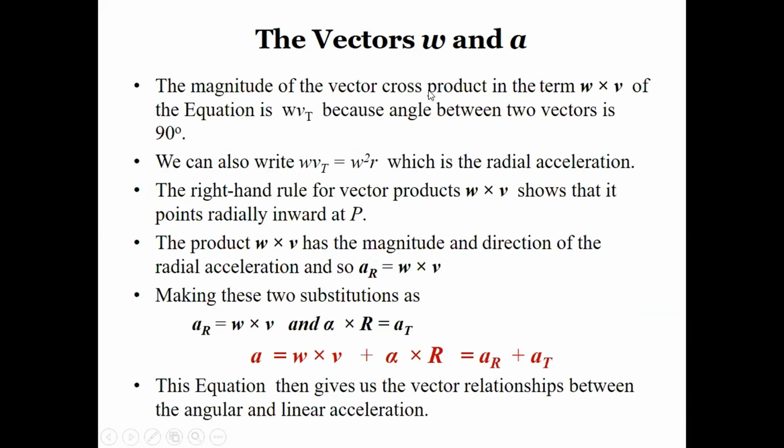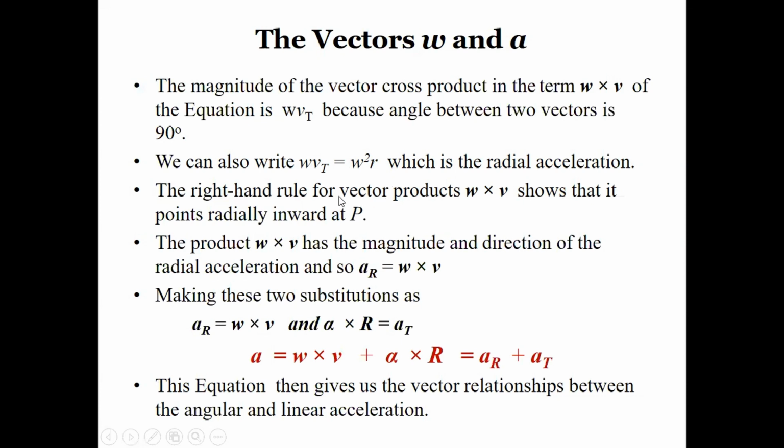The magnitude of the vector cross product in the other term, omega cross v, we can see is omega into v because the angle between these two vectors is 90 degrees. So we can also write omega into the tangential velocity as omega square into r, because the tangential velocity is given as omega into r. So we get the radial acceleration term.